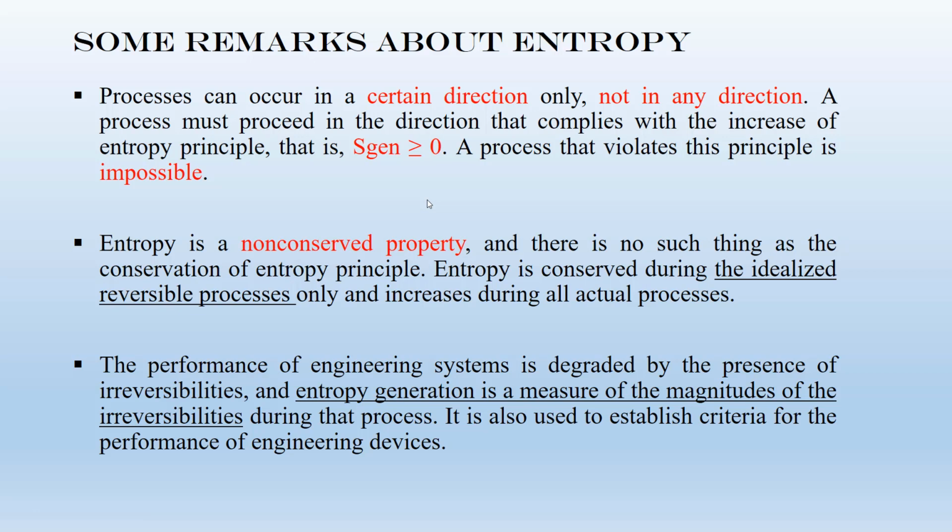So we don't have an entropy conservation equation the same as the energy conservation equation. And the third one is, entropy generation is a measure of the magnitude of the irreversibilities, correct? The higher entropy generation means more irreversibilities.